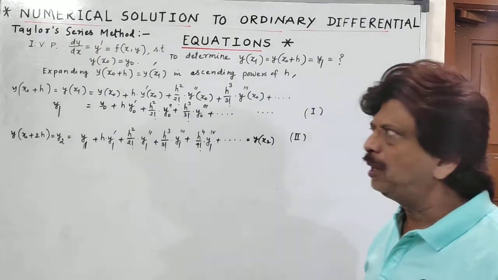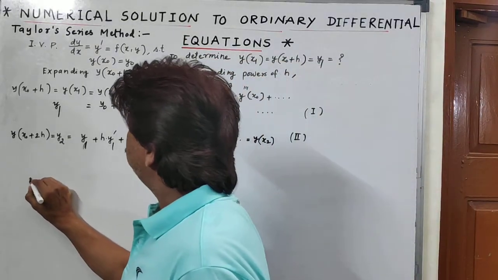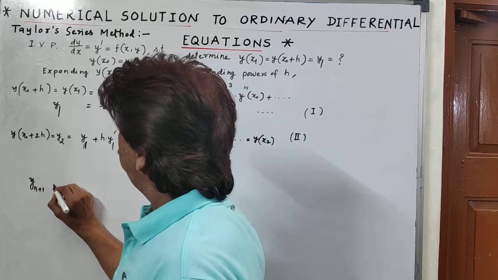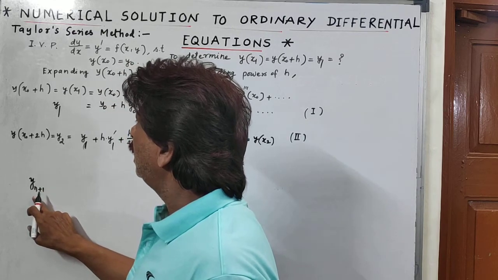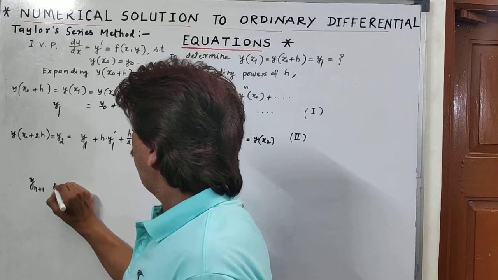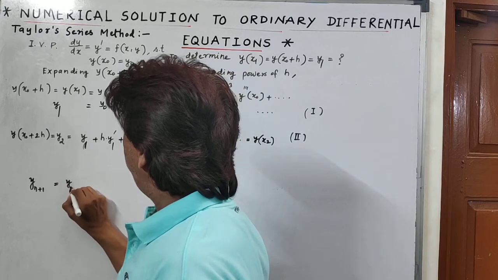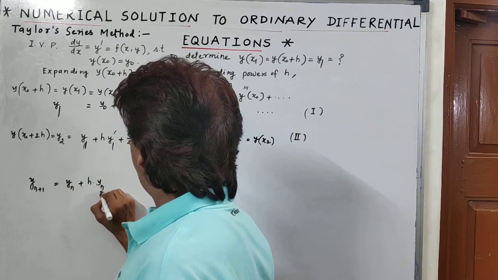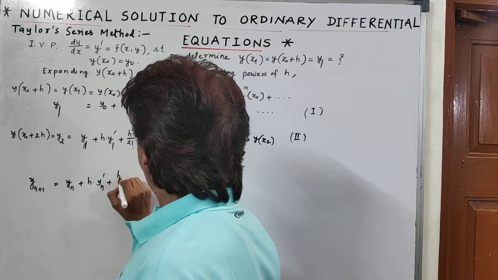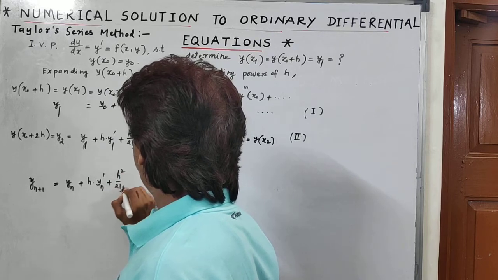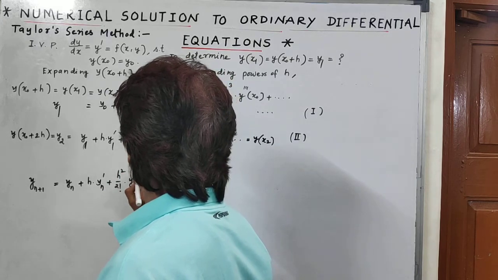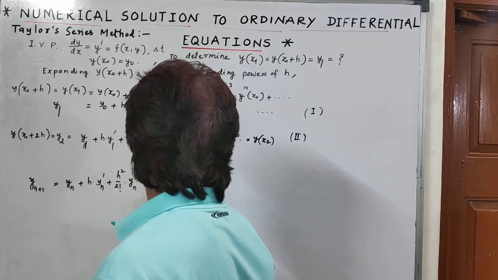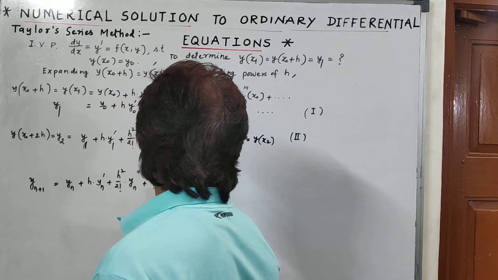In general, yn plus 1 would be equal to yn plus h yn dash plus h square by 2 factorial yn double dash plus h cube by 3 factorial yn 3 dash and so on.